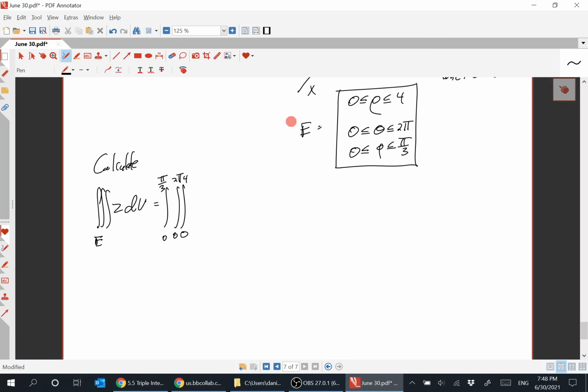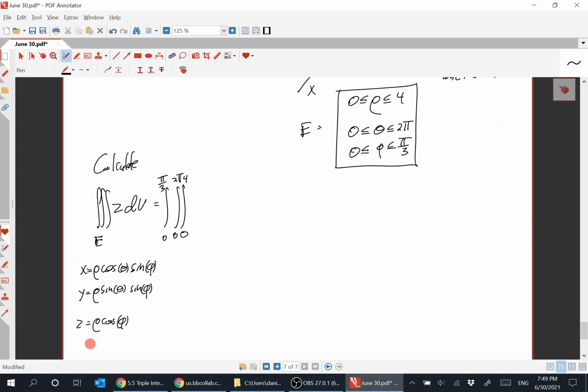Z, so remember the conversion. So x is rho sine phi cosine theta, y is rho sine phi sine theta, z is rho cosine phi.